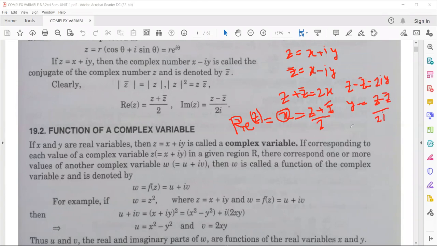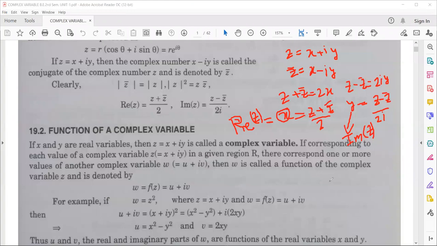This y is the imaginary part of Z. It is denoted as Im of Z, the imaginary part of a complex number Z, which is equal to Z minus Z conjugate upon 2i.